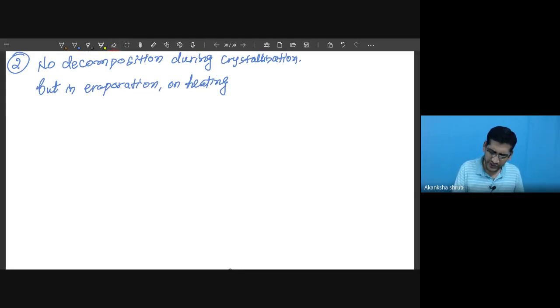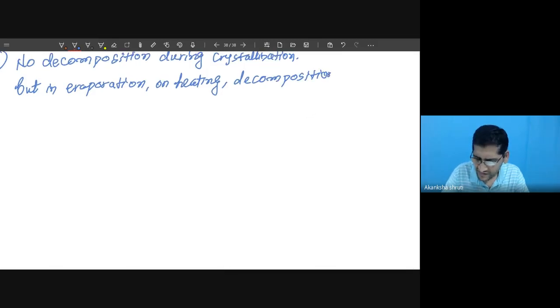While decomposing the material, the content is lost, like last day we discussed about sugar. On heating, decomposition may occur. The other process is called shedding.